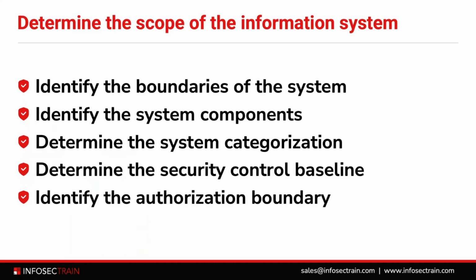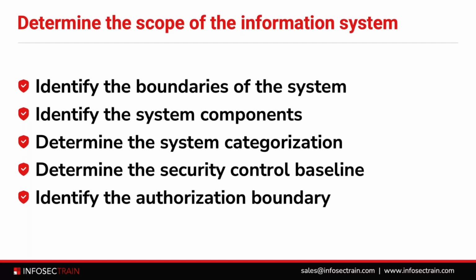So it is defining the physical and the logical boundaries of the system, as well as identifying the interfaces between the internal and external systems or networks. And we have to consider all the dependencies with external systems in this.